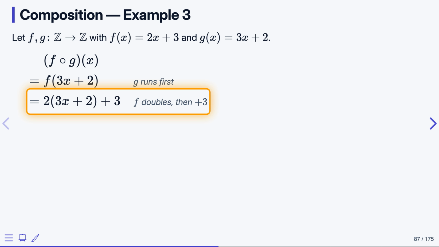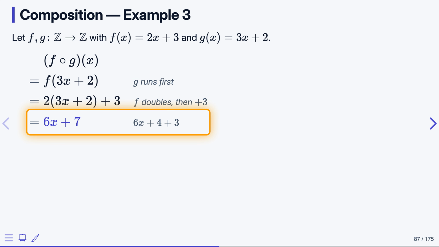Step 2. Now apply f, it doubles its input and adds 3. That gives 2 times the quantity 3x plus 2 plus 3. Step 3. Multiply out. 2 times 3x is 6x, and 2 times 2 is 4. So we have 6x plus 4 plus 3, which is 6x plus 7.